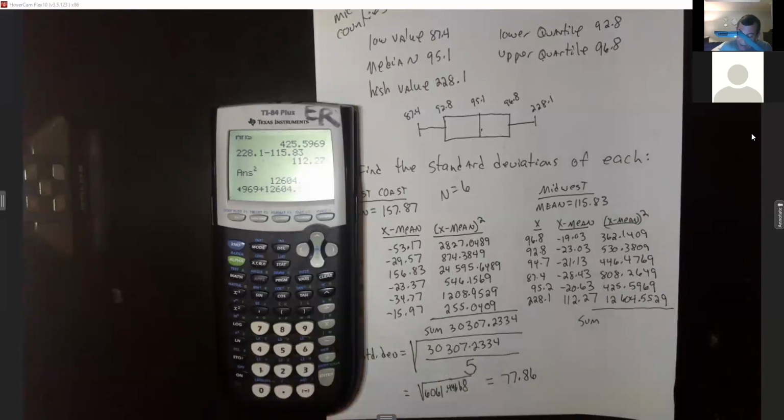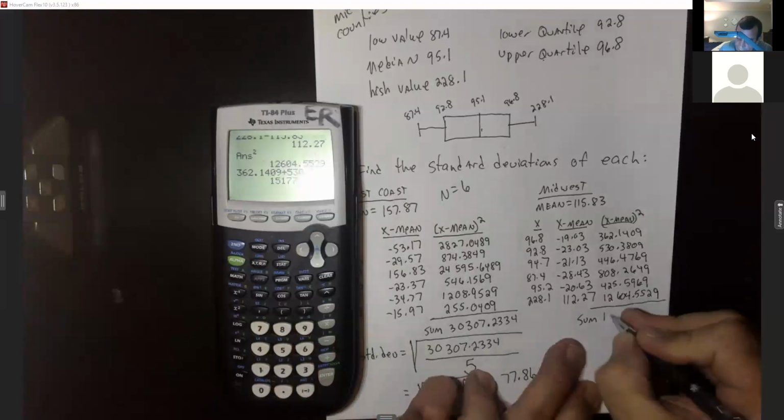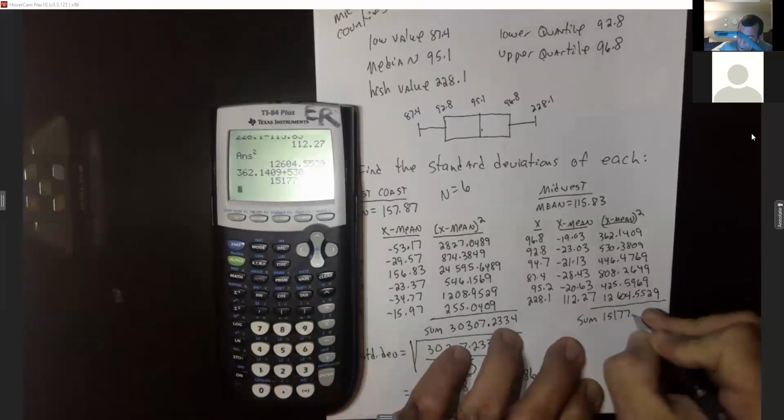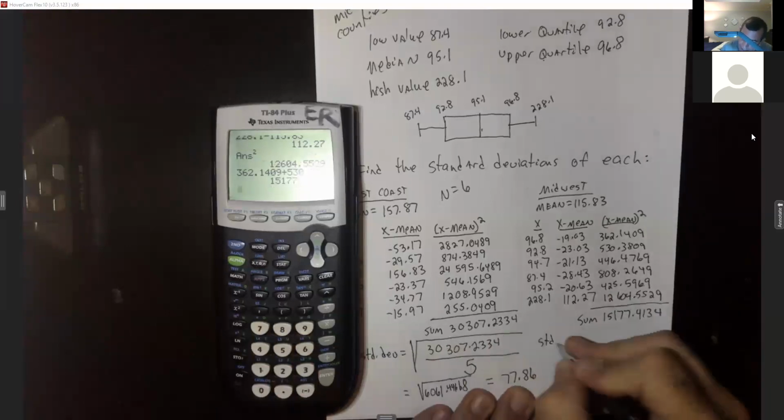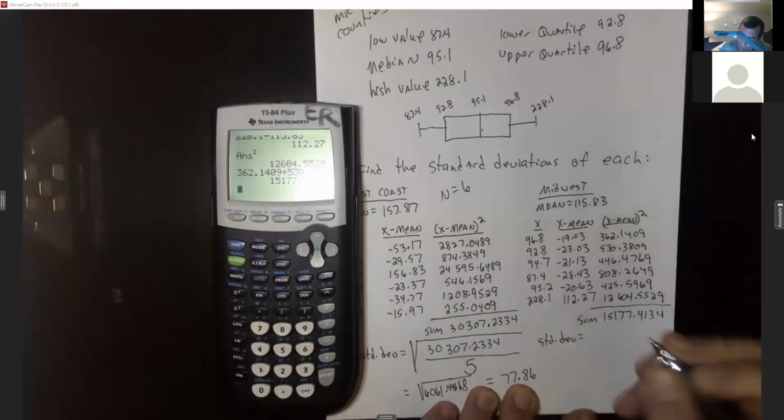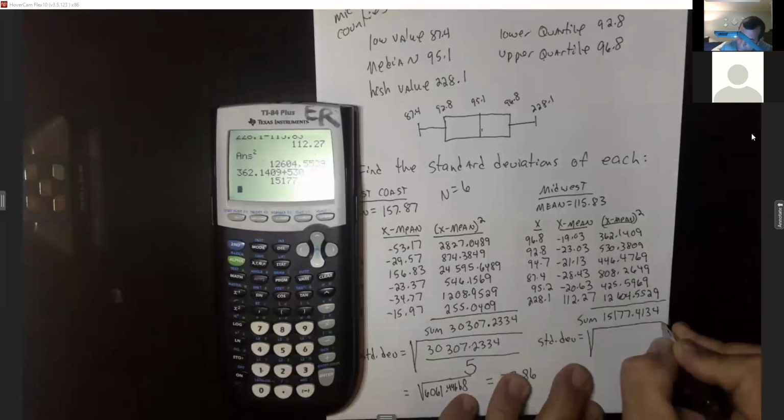All right, when I hit enter, I'll have all those added together, and that is 15,177.4134.